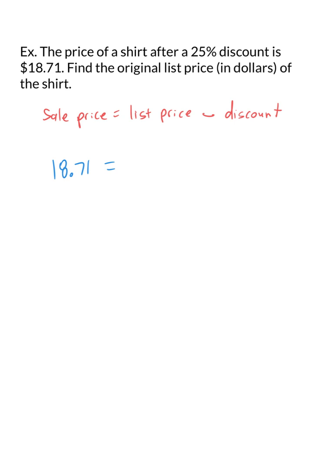List price I don't know, other than the letter L. And then my discount would be 0.25 L. So then I continue on. 18.71 is equal to 0.75 L. And then I end up with L equals $24.95.